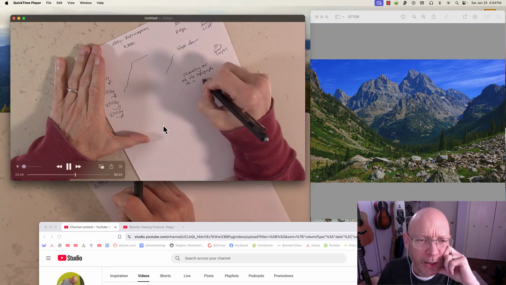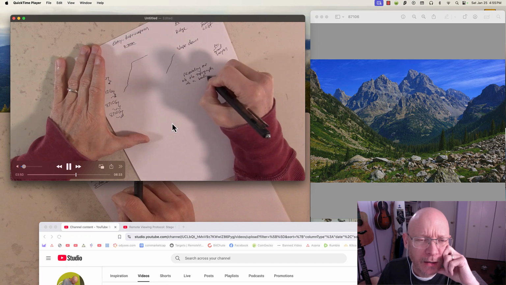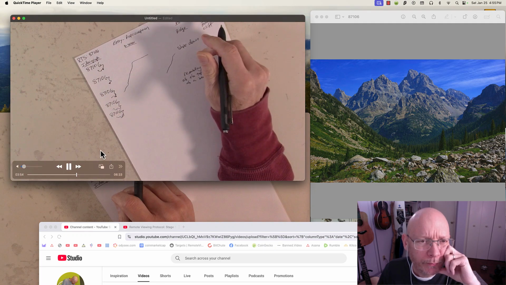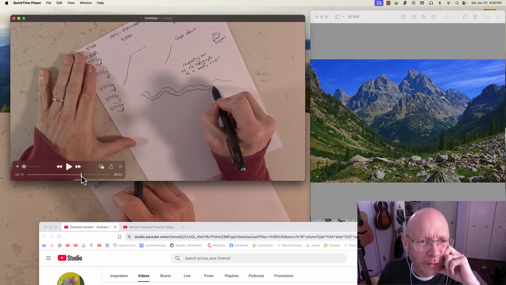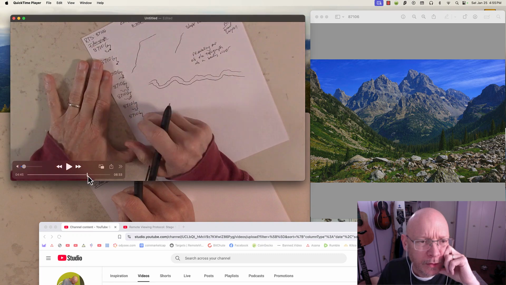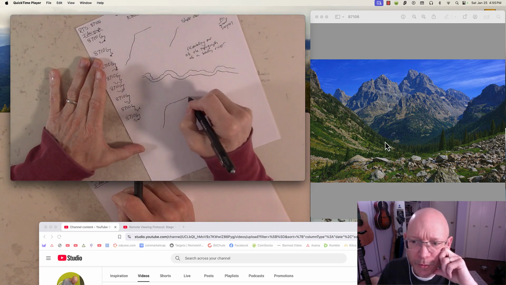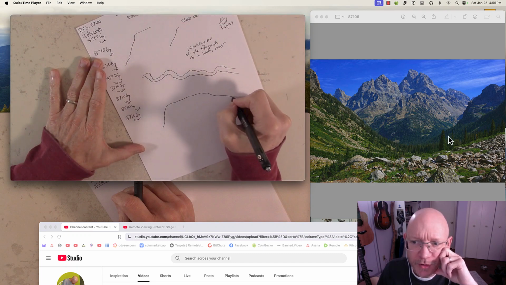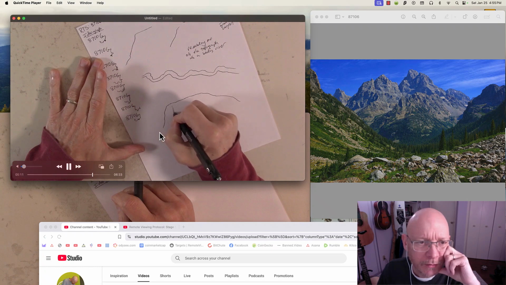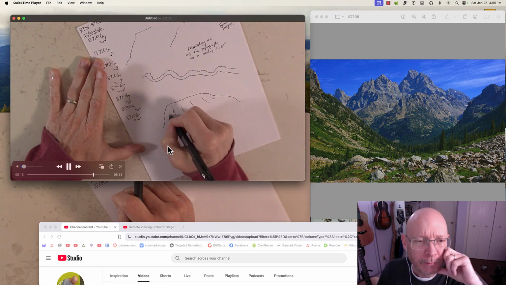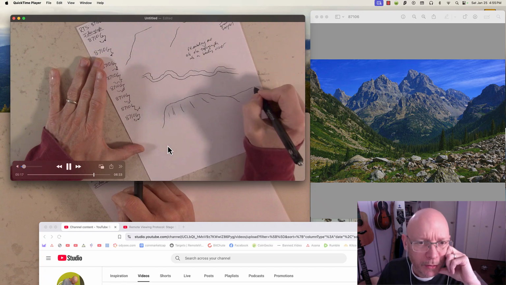Reminds me of the topography of a bending river. Like that. I can't confirm this from this photograph. I can imagine it probably is there. Here's my mountainous area here.